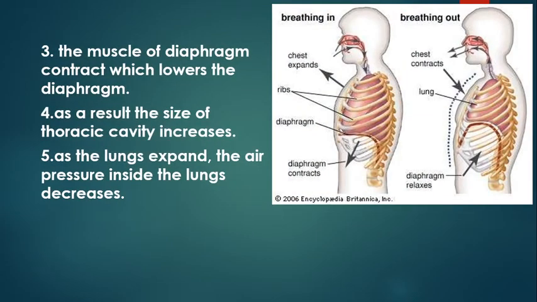The muscles of the diaphragm contract. Here it is a basic dome shape in the normal situation. During contraction, the diaphragm comes lower. You can see it lower. As a result, the thoracic cavity increases, so the lungs also expand.